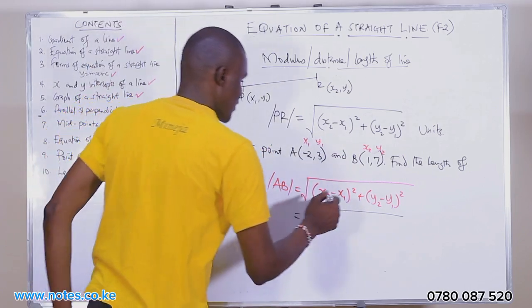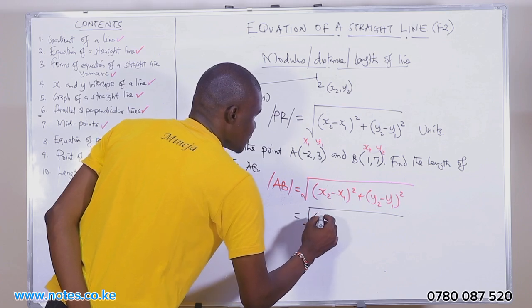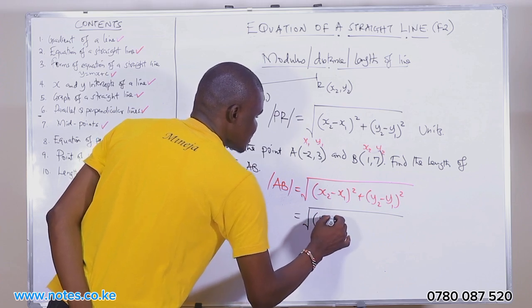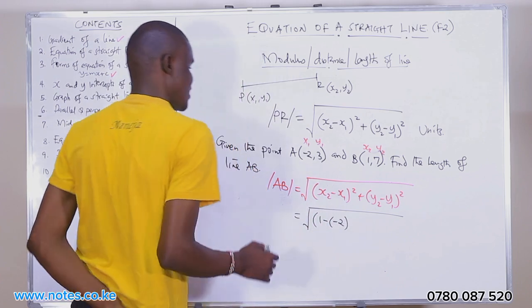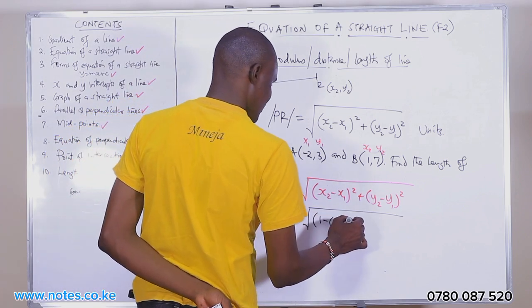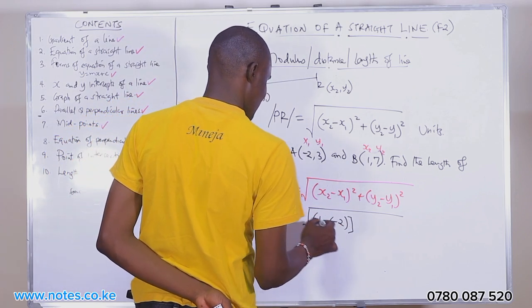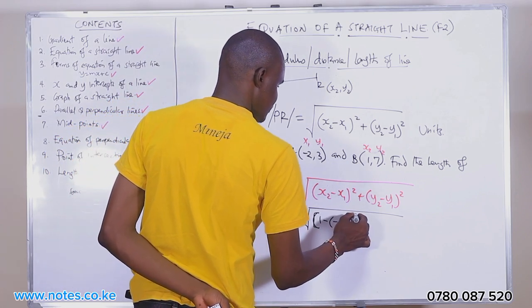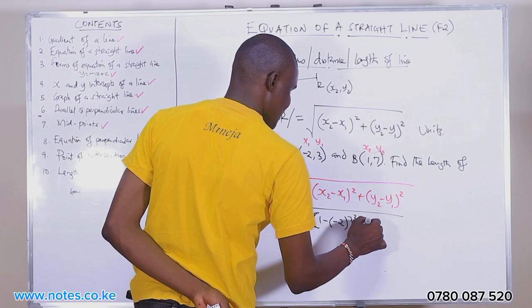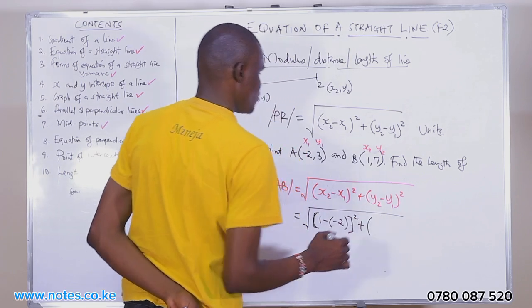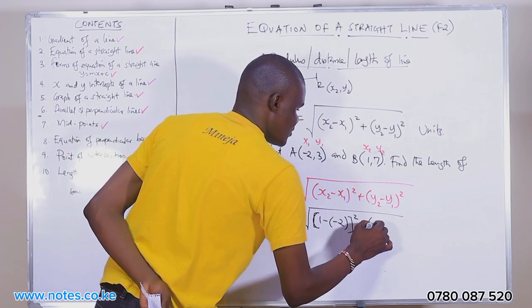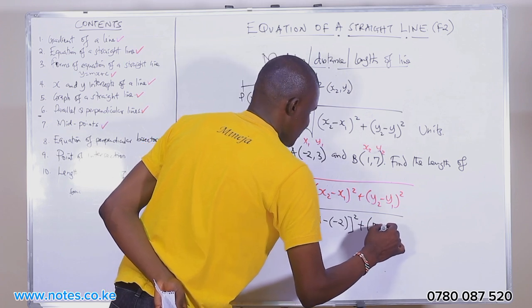So we are going to have x2, we know that is 1, minus -2. Be very keen with the signs. I hope you are seeing how these people are manipulating the signs so that you get confused.